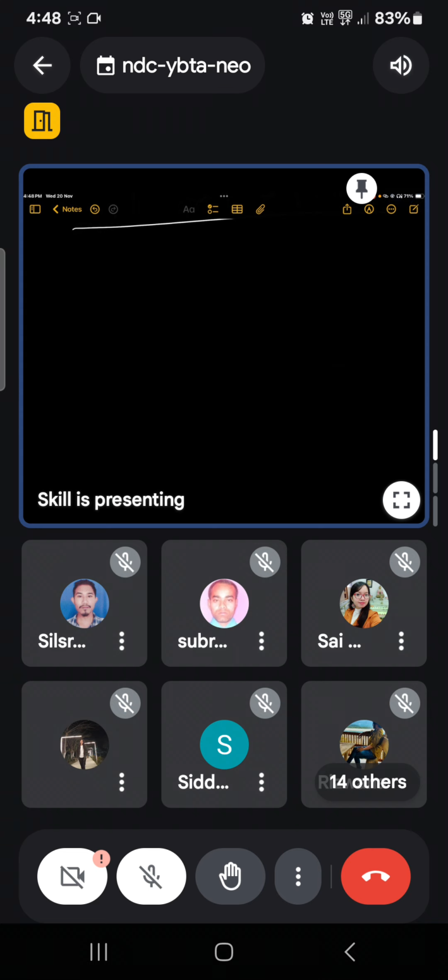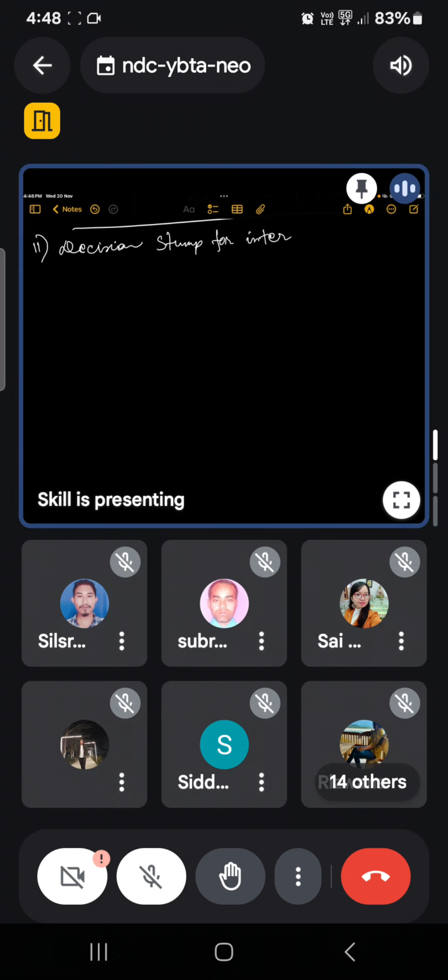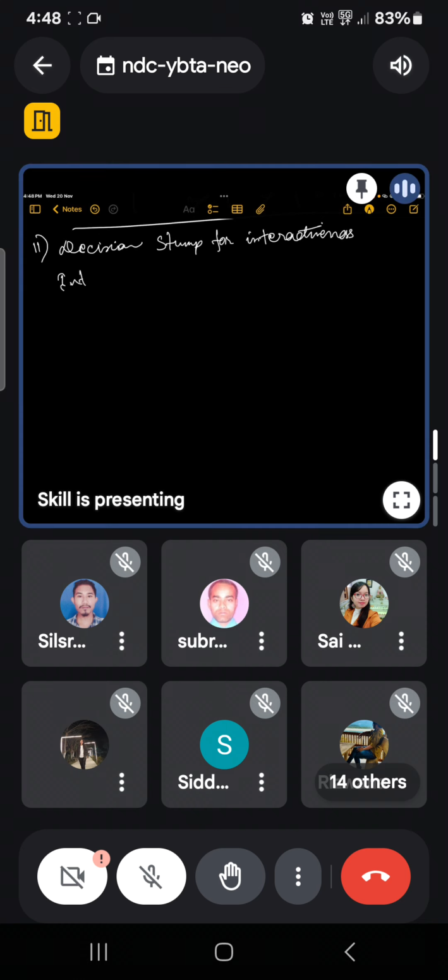Next we will take the second decision stump, which I will take from the very first table where I have shown you, which is interactiveness. Likewise, we will make the table like this.